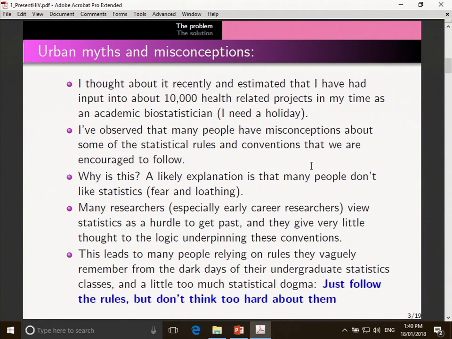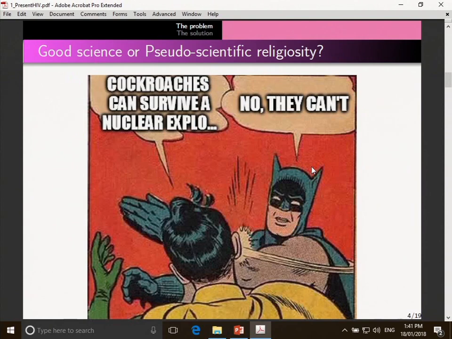And what it leads to, and I do see it a lot, I would probably guess around 75% to 80% of people that consult me, I see this attitude: just follow the rules, don't think too hard about it. Okay, so we have these conventions, okay? We don't know where they come from, and we believe them, okay? And I guess what this leads to is a little bit of pseudo-scientific religiosity.